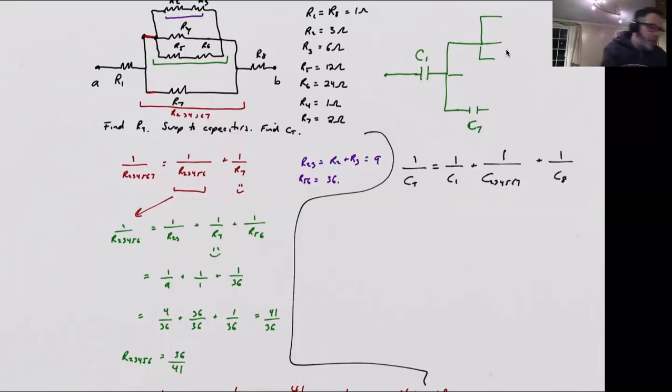How are we going to get that C2,3,4,5,6,7? Well, that thing has two branches in parallel. Namely, that's going to be C2,3,4,5,6 plus, oh gosh, I did it as R, that should be a C, plus C7.